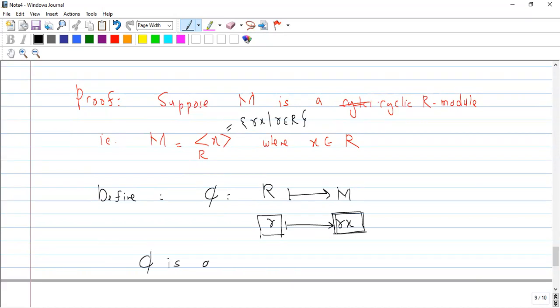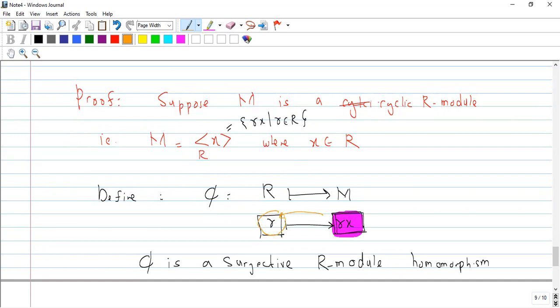So phi is a surjective R module homomorphism, because whenever you take an element rx in M, it has a pre-image which is r.